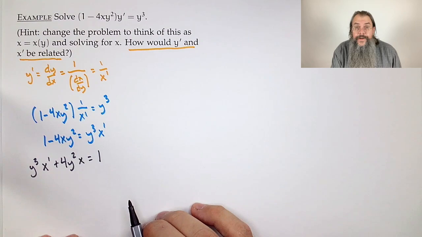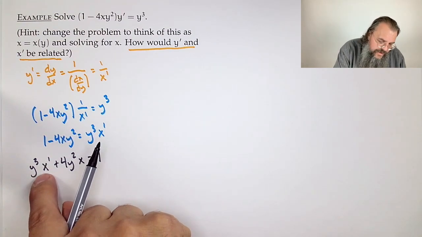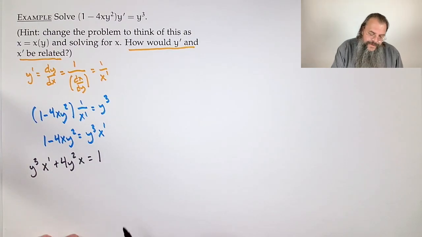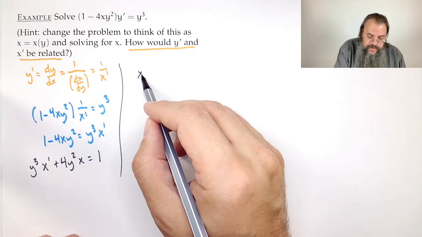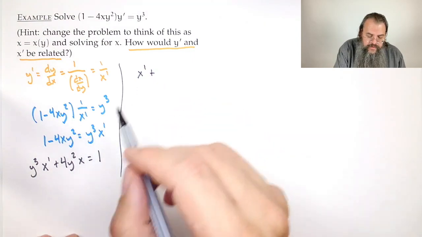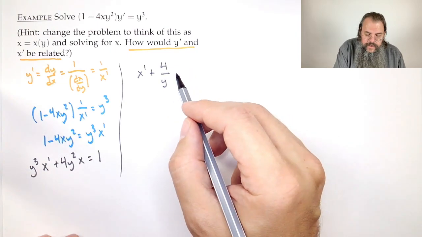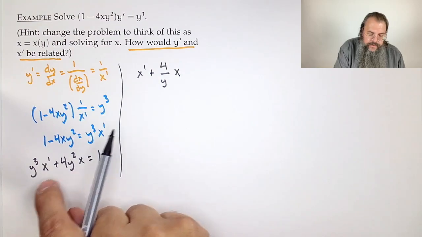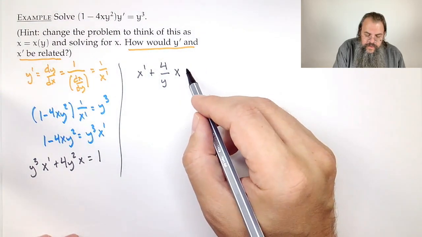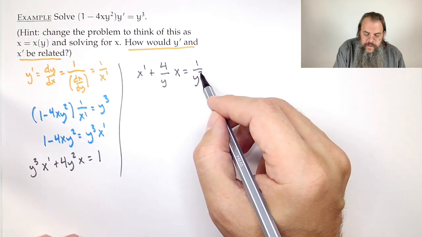All right, great. Well, now what? Well, we need to make this coefficient be 1. So divide. So we'll have x prime plus 4 over y times x, because y squared divided by y cubed is 1 over y, is equal to 1 over y cubed.